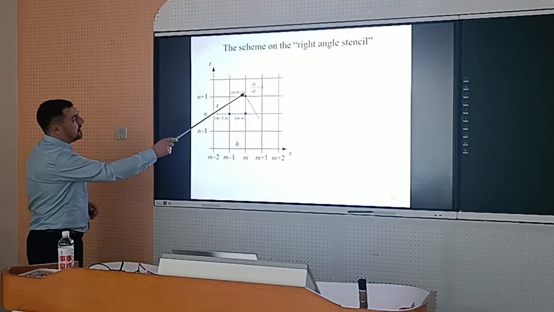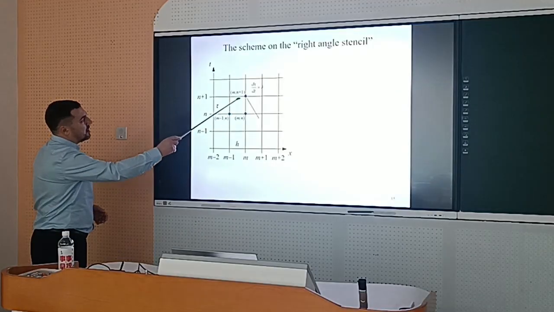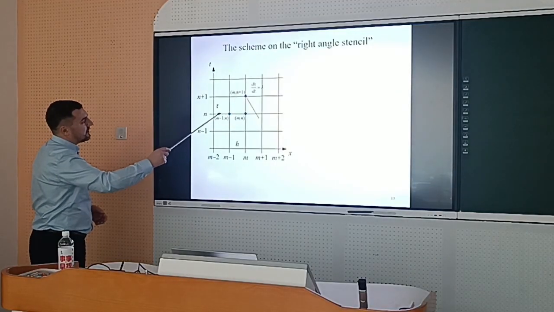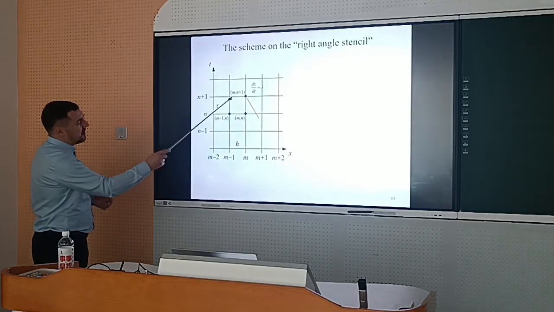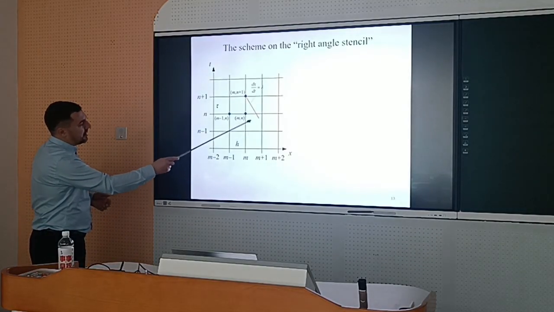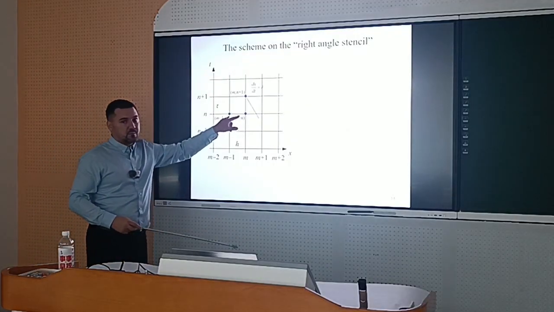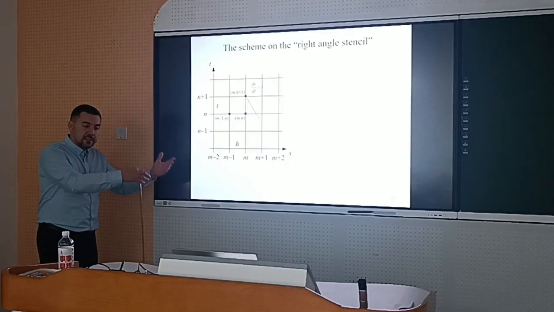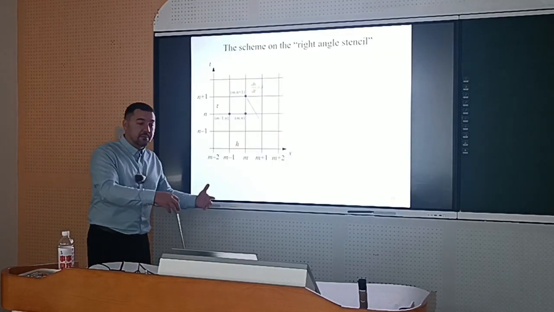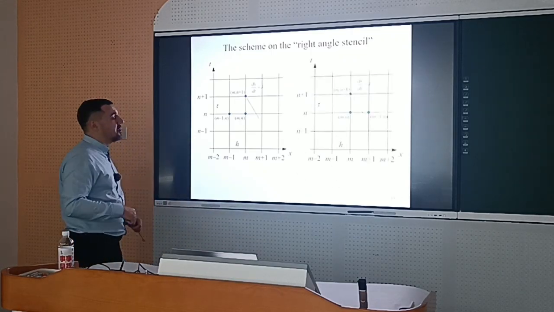If lambda is greater than 0, our stencil should be the left angle. But if lambda is less than 0, the characteristic line will look like this one, and it means that this point is not between these two points. So for lambda less than 0, we are not able to use the same numerical scheme. It will be unstable, as we have just discussed. For that, we should use another numerical scheme.